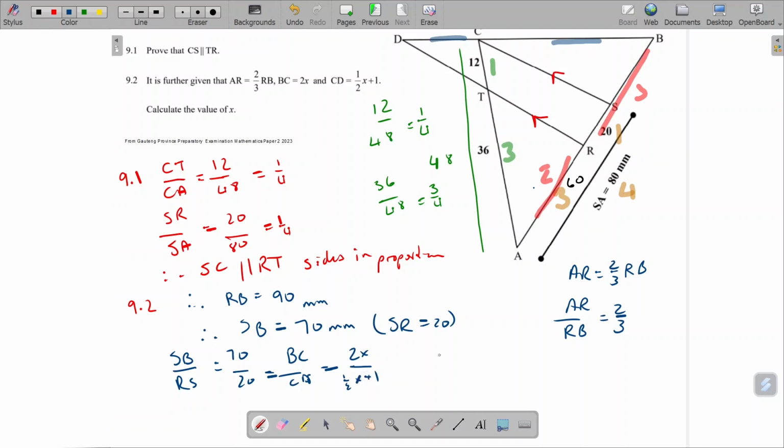And as a result, we get that 70 times a half x plus 1 equals 20 times 2x. And as a result, 35x plus 70 equals 40x. And as a result, 70 equals 5x, and as a result we get that 14 equals x, and we have calculated the value of x.